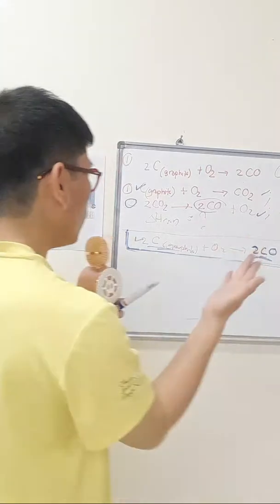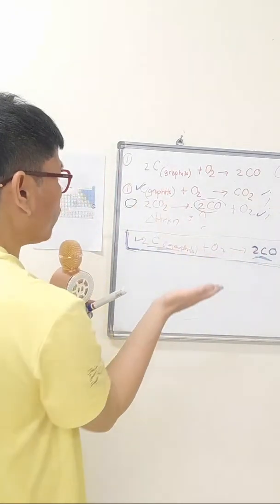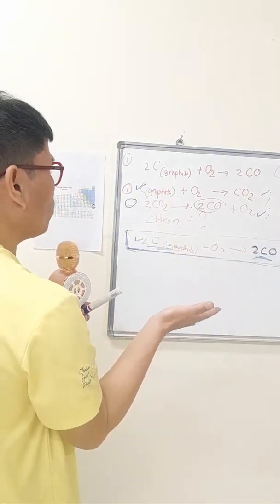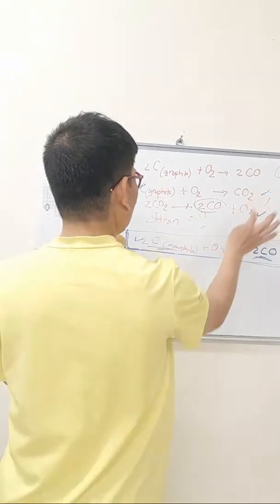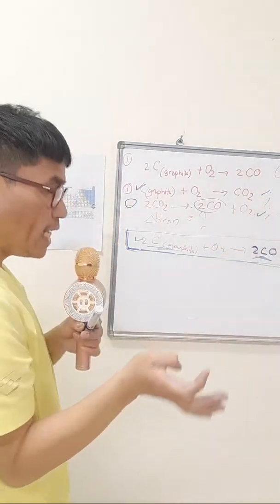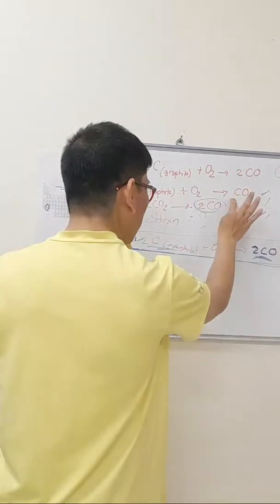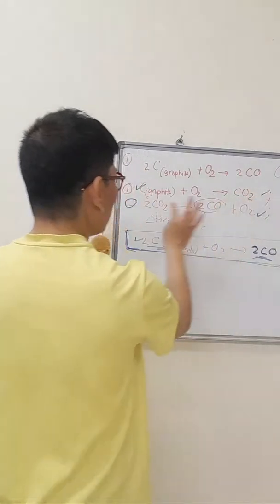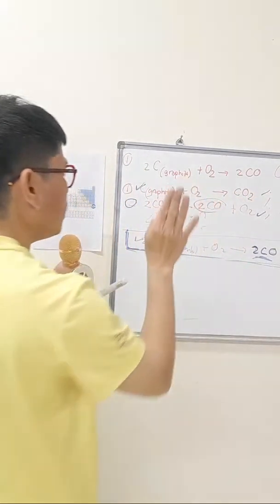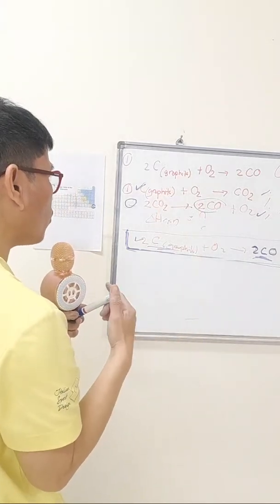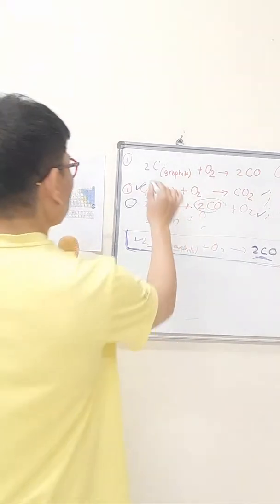So in equation 1 and equation 2, which is insufficient or lacking in number of moles? Obviously, equation 1, because it is only 1 mole of CO2 versus 2 moles of CO2 in equation 2. So this is the time we will multiply equation 1 by 2.